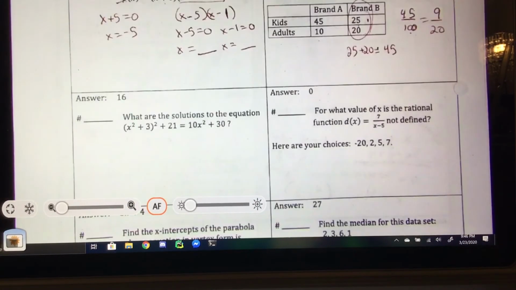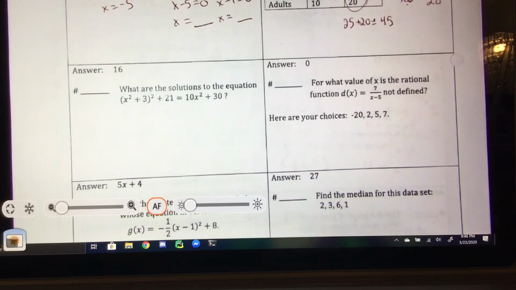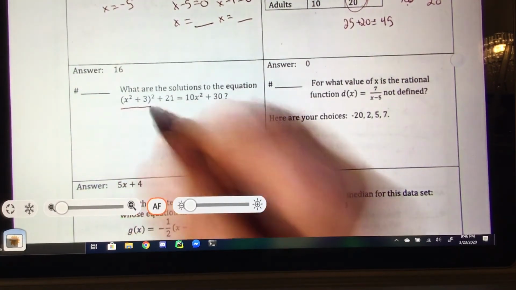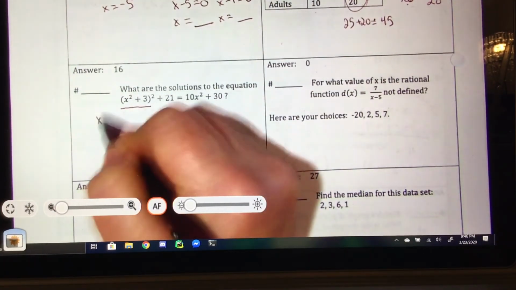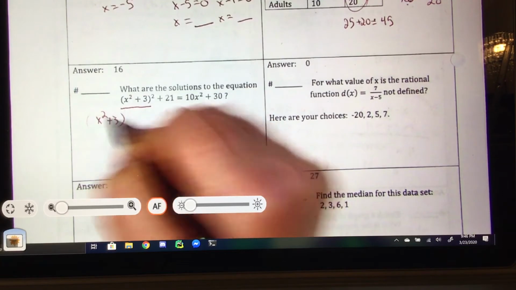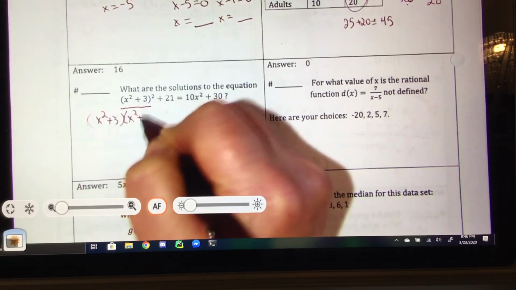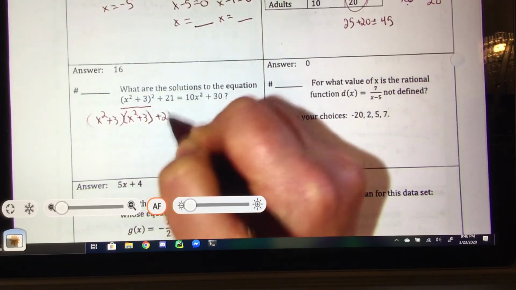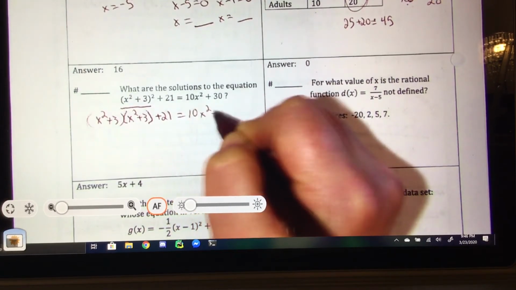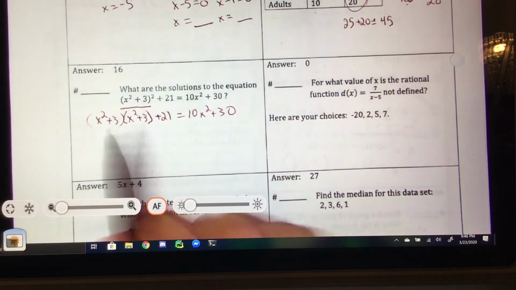The next one, what are the solutions to the equation? Well, you have to actually multiply these out. You have to do x squared plus 3 times x squared plus 3 plus 21 equals 10x squared plus 30. So you have to multiply these out.